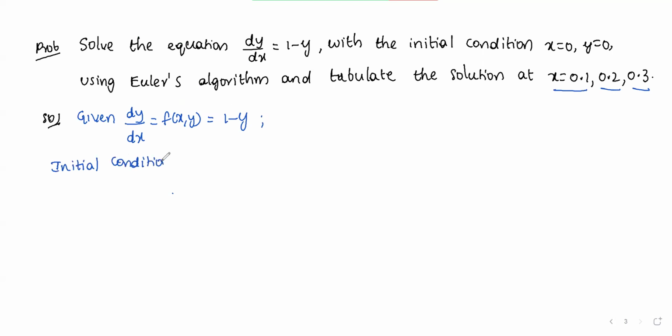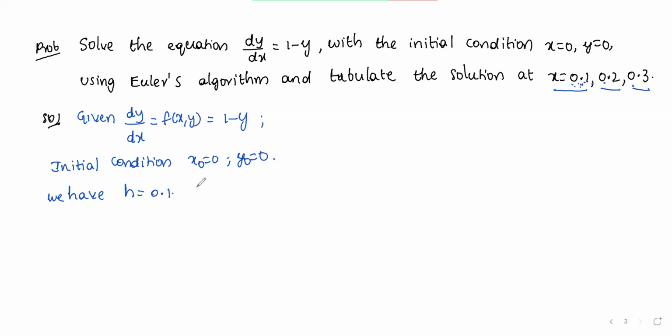The initial conditions are x naught is equal to 0 and y naught is equal to 0. These two are the initial conditions. We have h is equal to 0.1, the difference between these values: 0.2 minus 0.1 is 0.1, 0.3 minus 0.2 is 0.1.